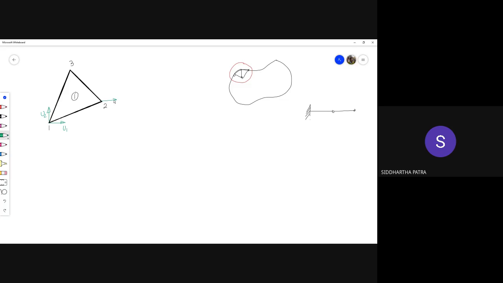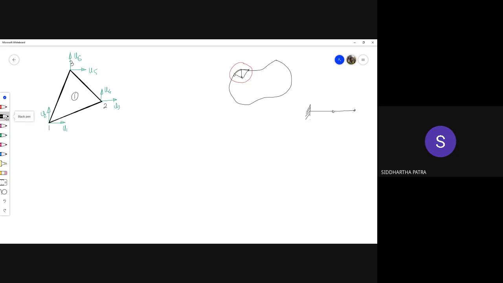Then there are U3 and U4. I should be using small u because these are all elemental degrees of freedom. U5 and U6.